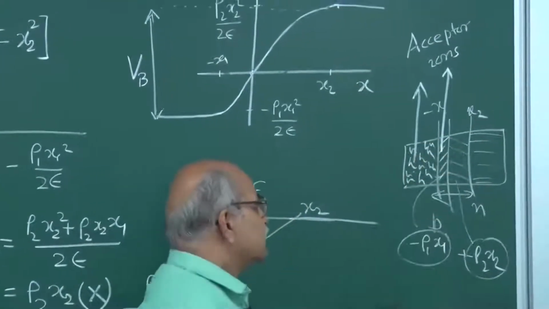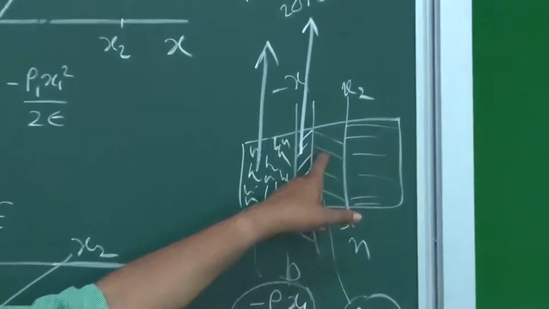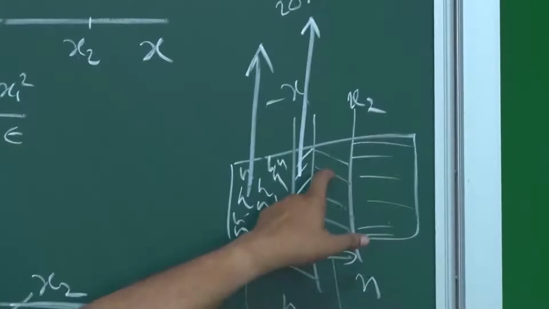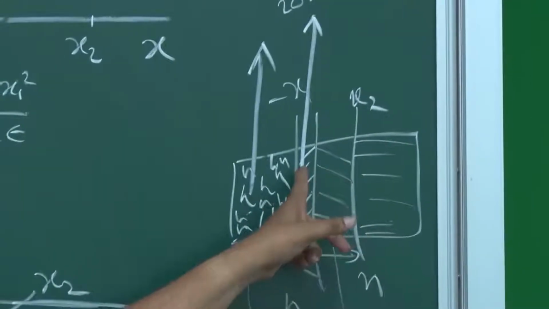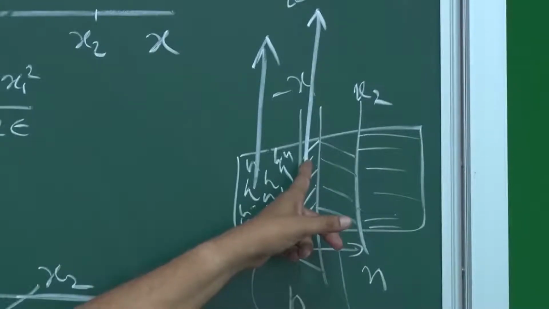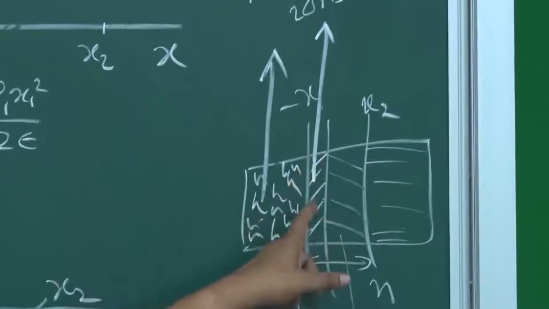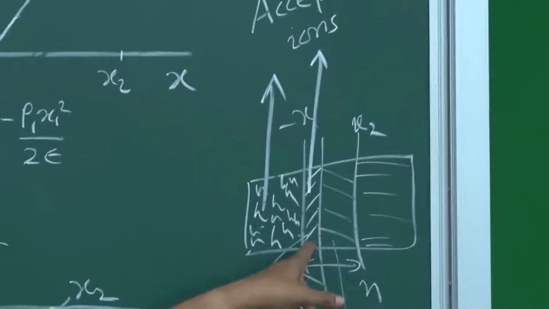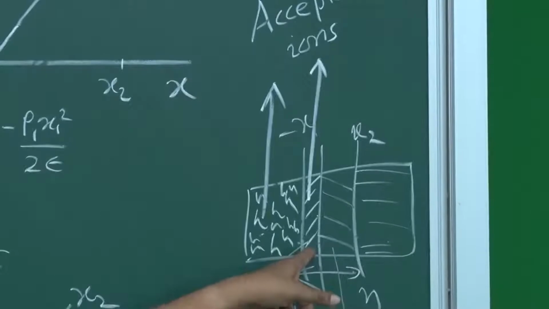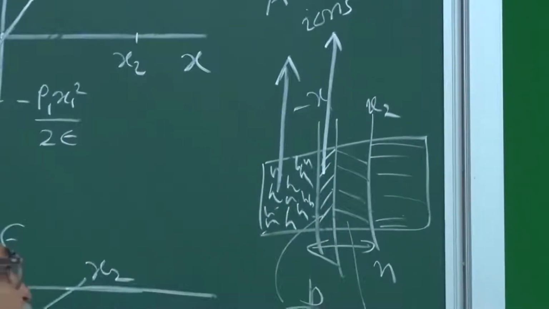And here the holes have migrated to this side and recombined with electrons, or electrons have come here and recombined. This charge carrier has gone. So those ions which are there, those will still remain there. The hole has moved and recombined and has gone away. Therefore, you have this negative charge.